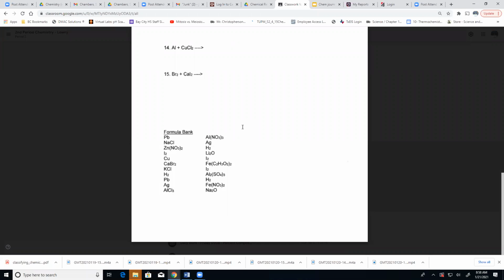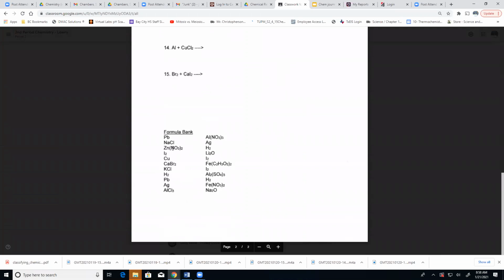Then I may have left that off of the formula bank, number 2? Number 2 should have been zinc nitrate. Yeah, here you go, right here, Sarah. See, because one of these silvers would be the one that you're using there, and then this zinc nitrate. You see it? Is that good? Is that what you mean? Yeah. Okay. Because I did just make that formula bank yesterday quickly, so.